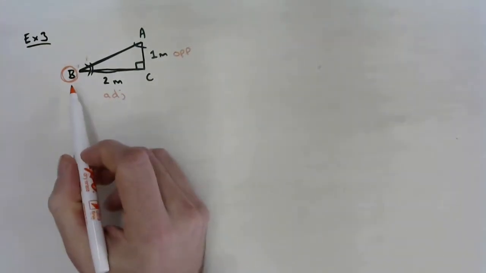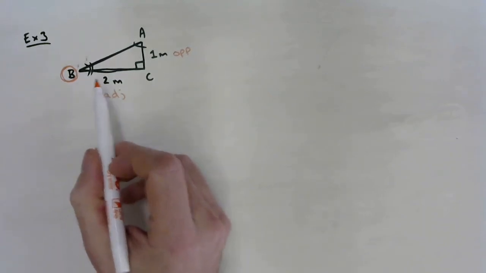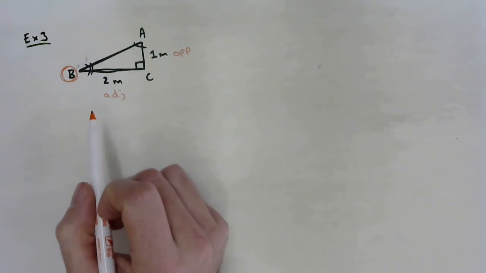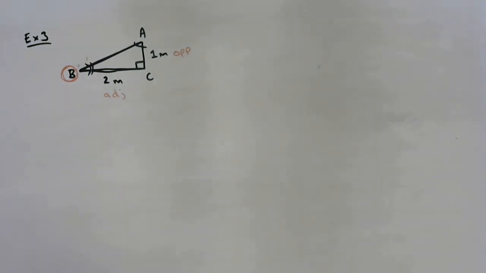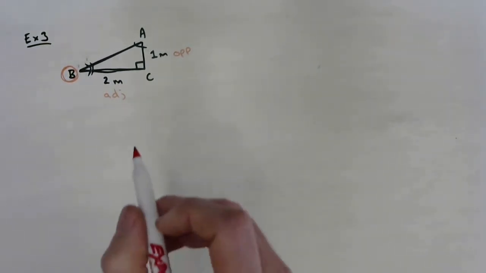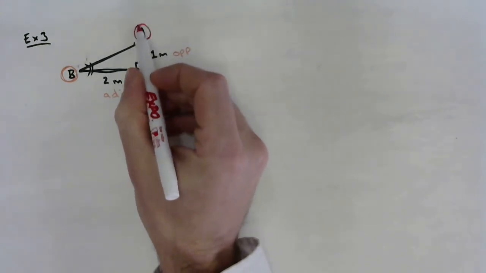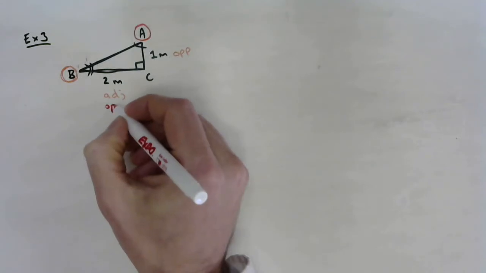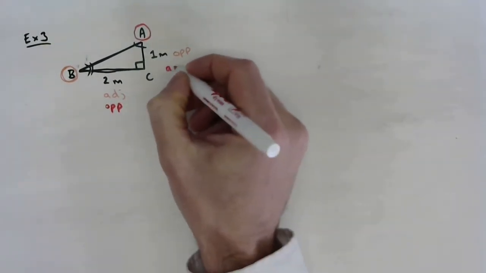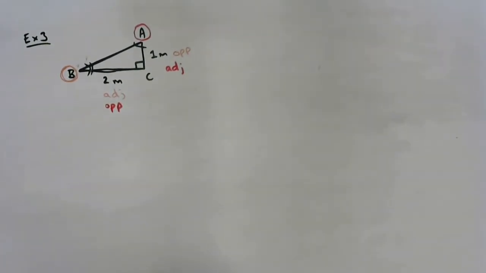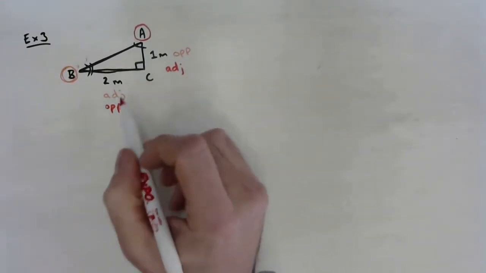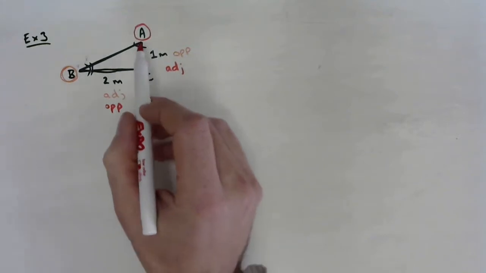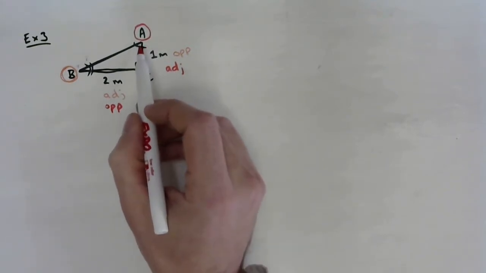If I ever, looking from a certain angle, have the opposite and adjacent, that means I can use the tangent ratio. Now, in red, if I want to find angle A, looking across, I have opposite and adjacent. If I have both of those side lengths, that means I can make a ratio for those side lengths, which means I can calculate the measurement of angle A.